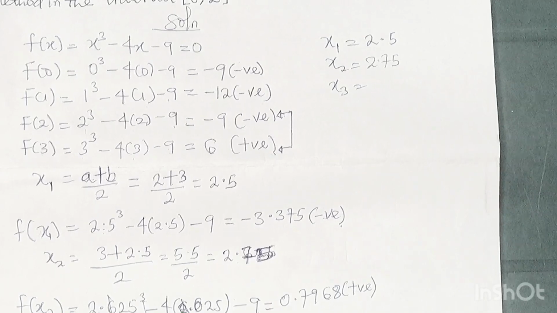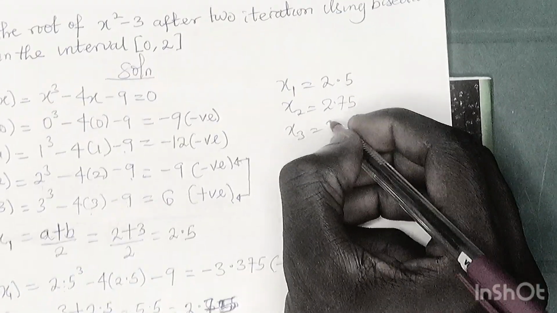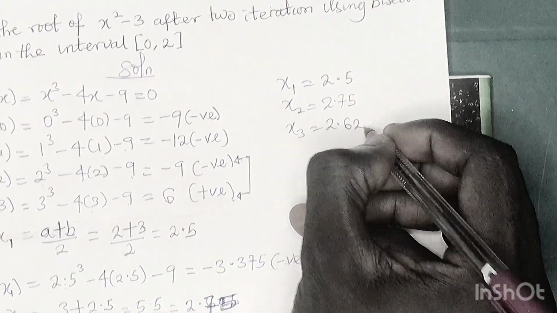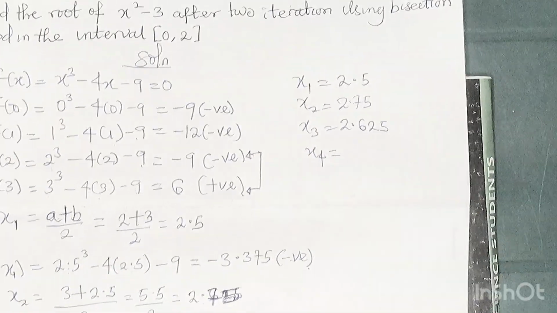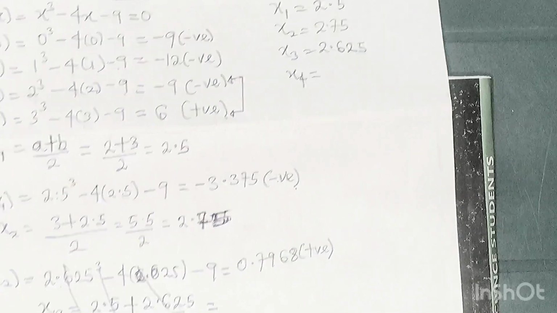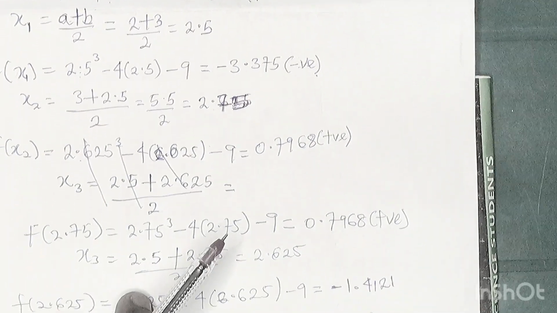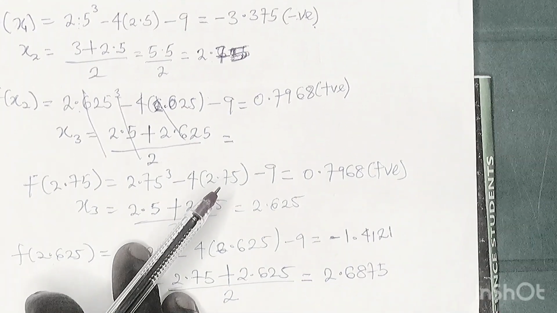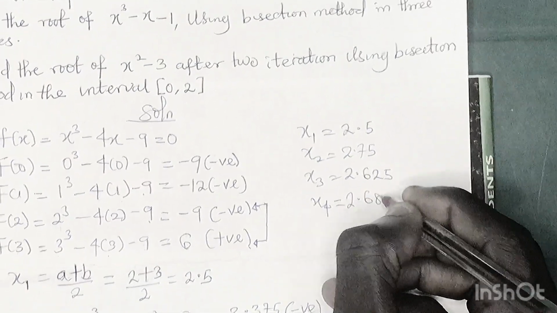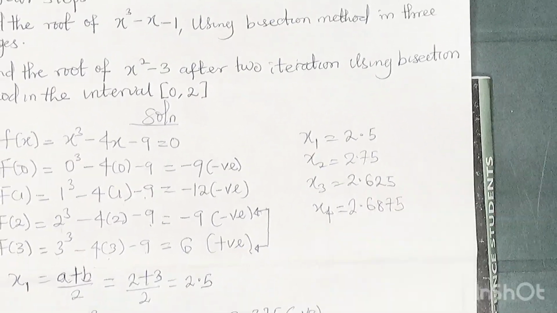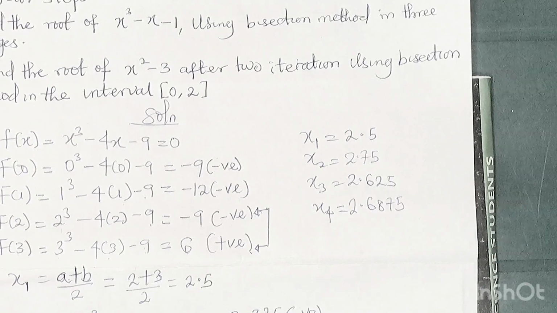Our x3 is 2.625. And our x4, that's our fourth iteration, that's the last answer we got here, which is 2.6875. So this is the solution to our first question.